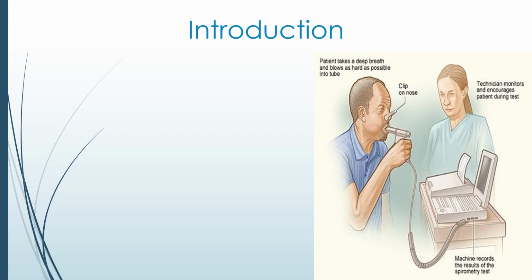Pulmonary function tests. Before getting into it, let us know the basic functions of the lung. The primary function of the lung is to maintain the tension of oxygen and carbon dioxide in the arterial blood within the normal range.